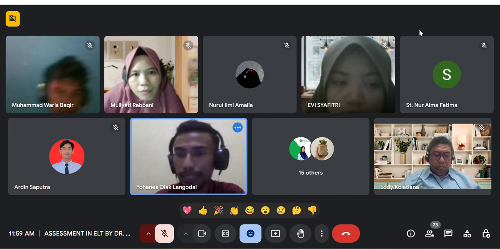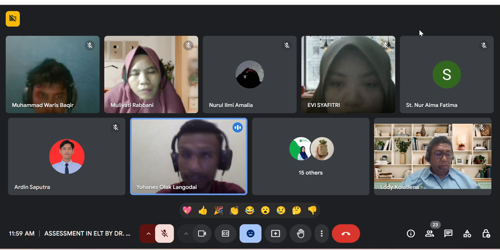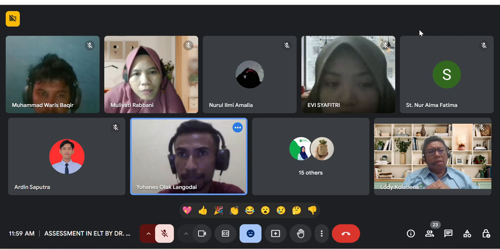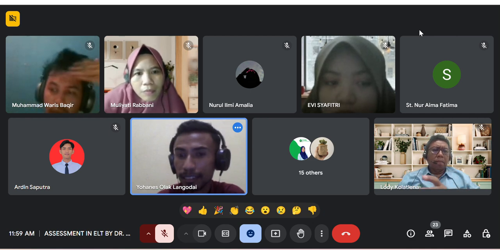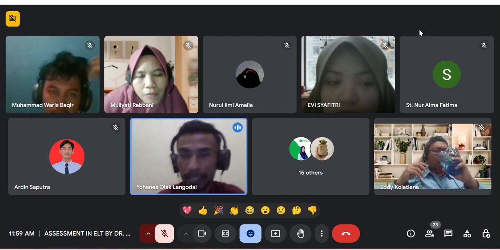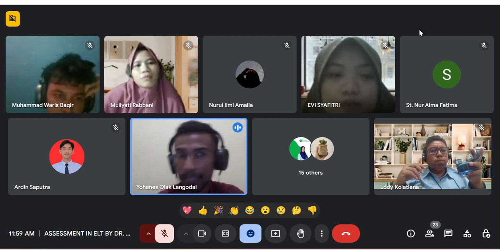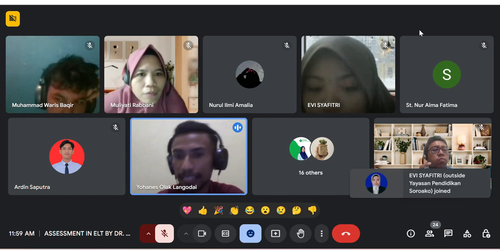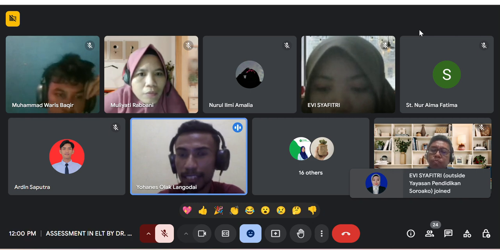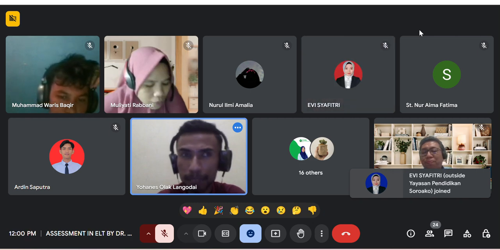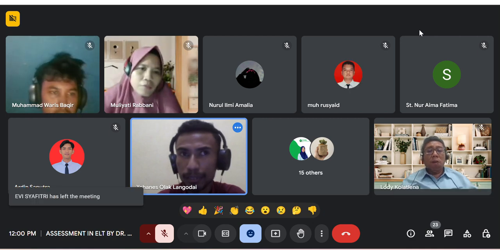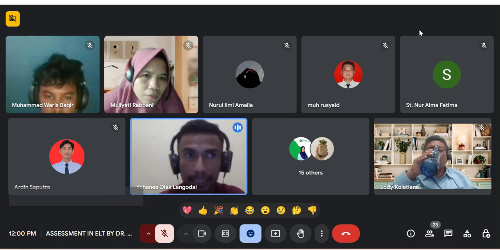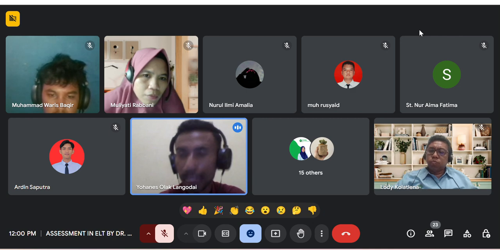When we assess vocabulary in a simple context, we just ask for the words. For example, I mention a word in Indonesian and they answer in English, or I mention it in English and they answer in Indonesian.